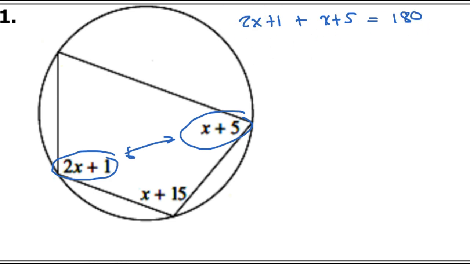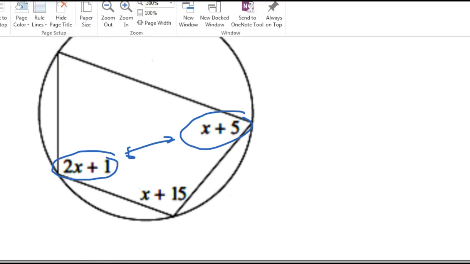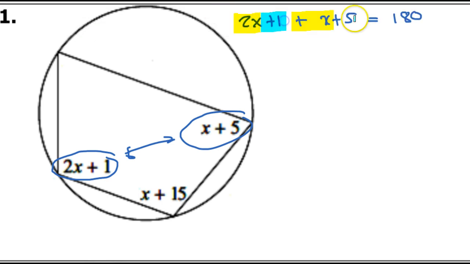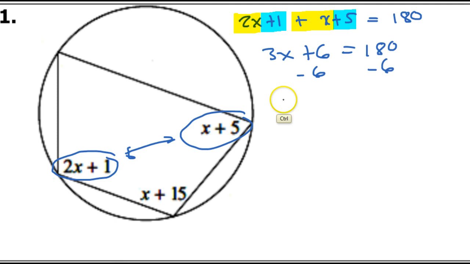And then we solve it from there by combining like terms. So we have the 2x and the x, of course, go together, and then the 1 and the 5 will go together. So that's why I'm going to get 3x plus 6 is equal to 180. And then it becomes a very easy problem to solve.